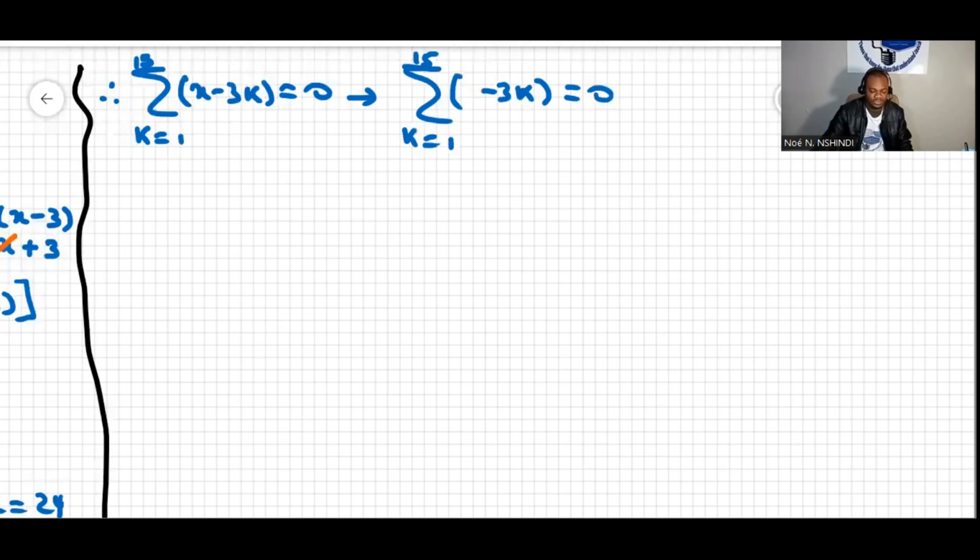I will sub 24 instead of x, so 24 minus 3k.